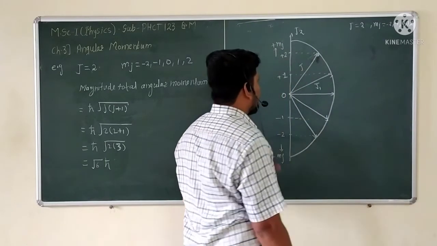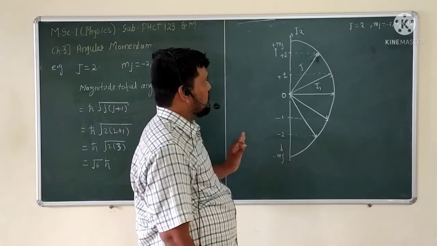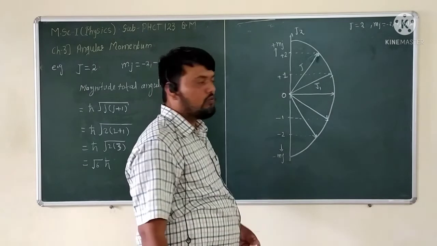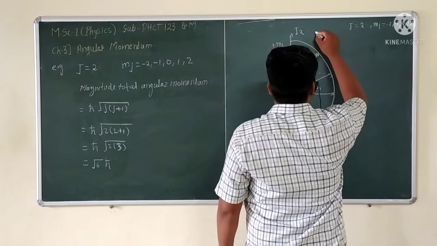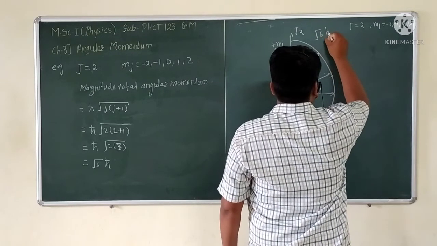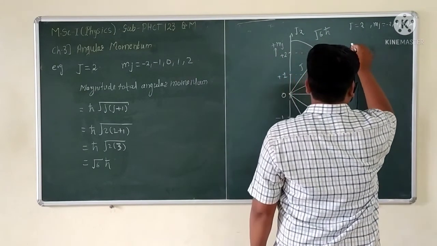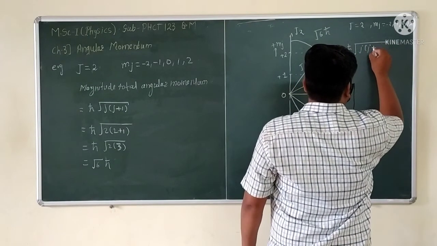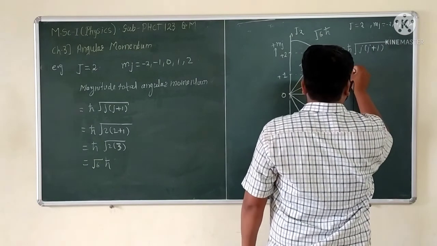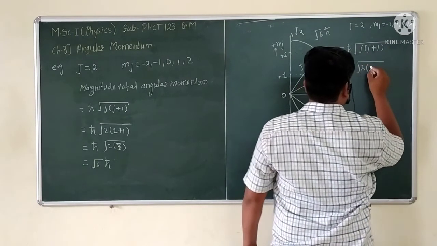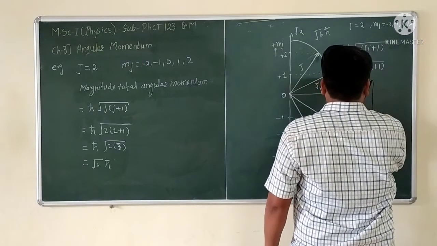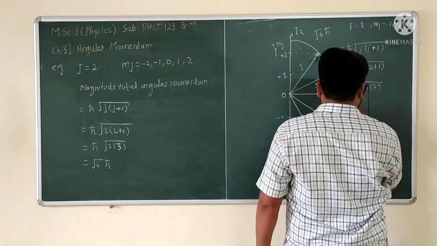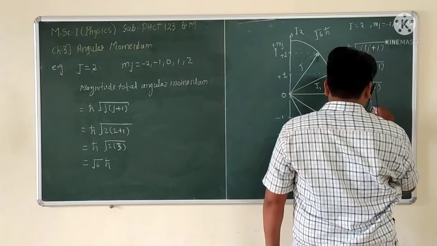So this is the geometrical representation of the total angular momentum, with mj equal to -2, -1, 0, 1, 2, and this magnitude value is nothing but under root of 6 into h cross. How is it? Because the magnitude formula is h cross into under root of j into j plus 1, and this is h cross into under root of 2 into 2 plus 1, so h cross into under root of 2 into 3, which is under root of 6 h cross.